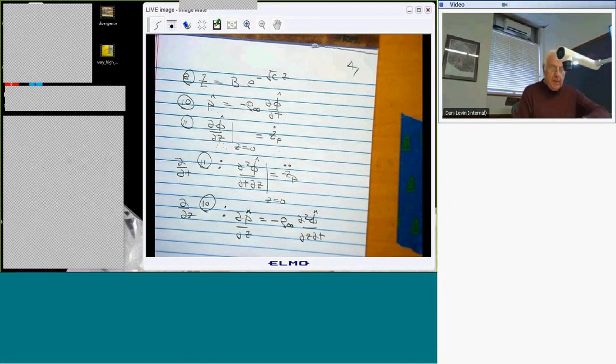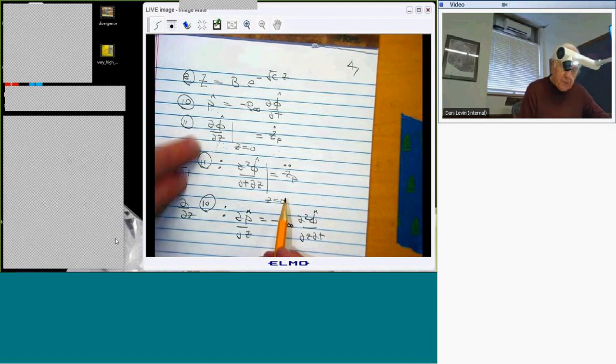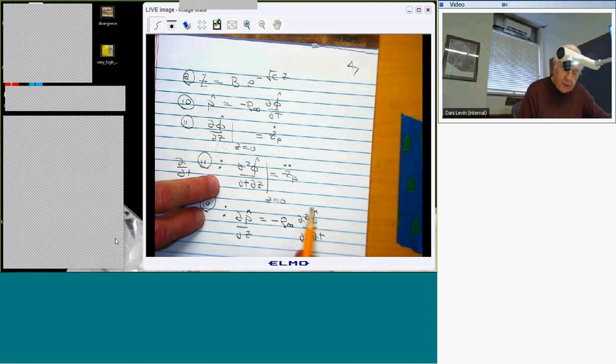So now I'm going to use this and write this boundary condition. I'm going to solve for this in terms of this divided by that and put it in here, right? I can do that.